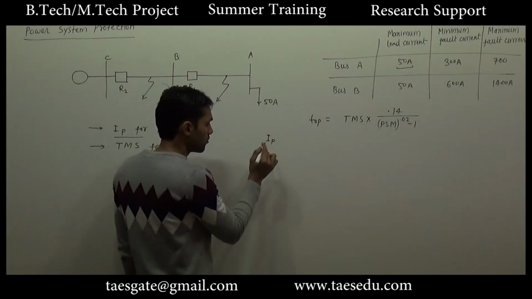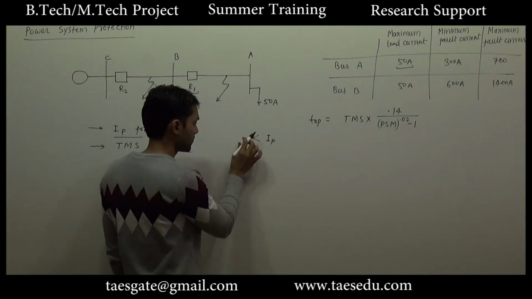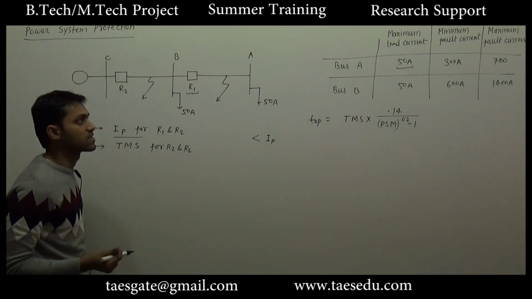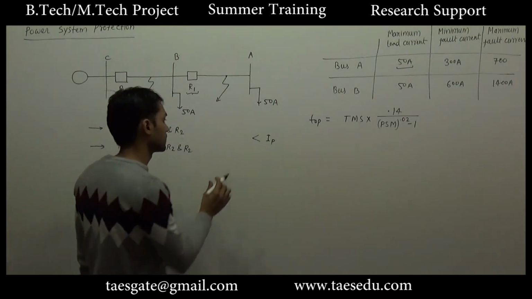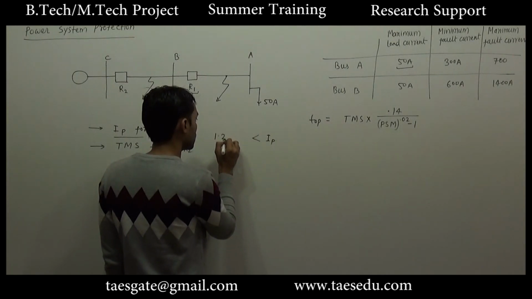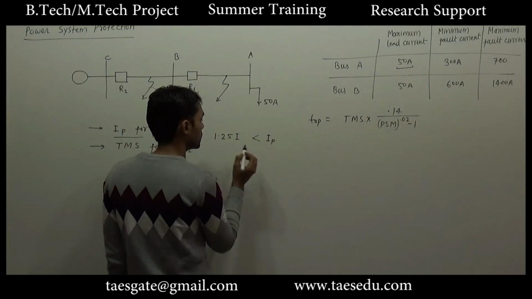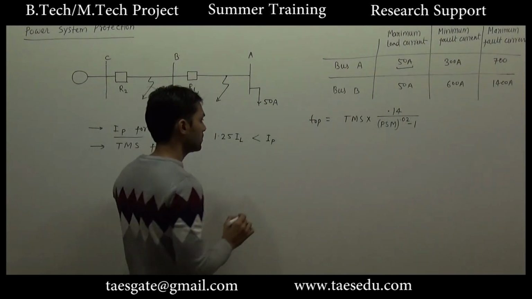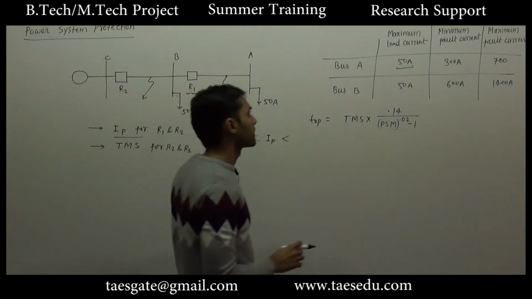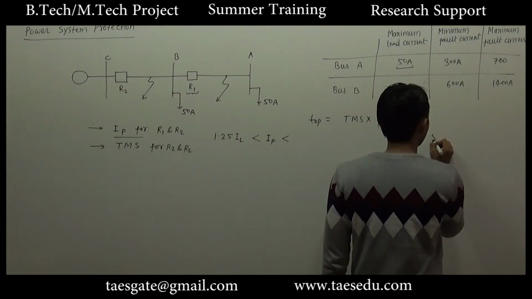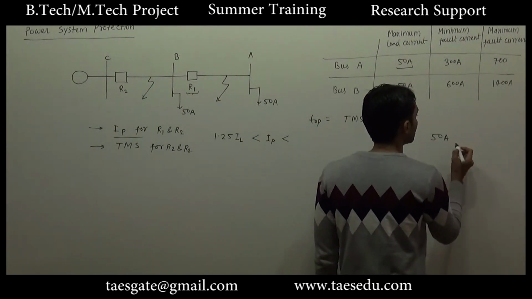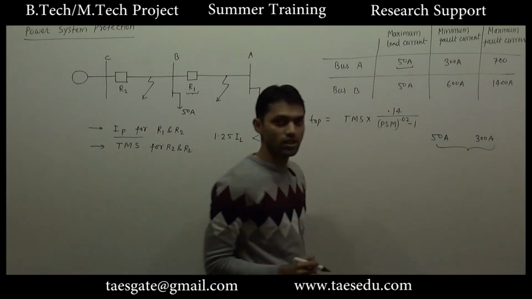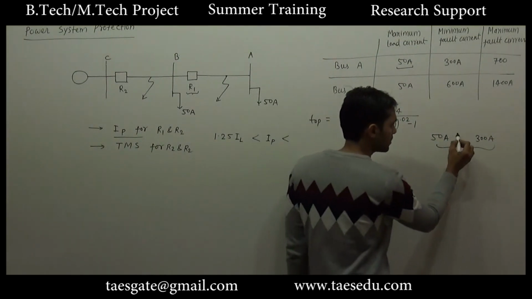Normally the pickup current is 125% of, or should be at least 25% greater than, the maximum load current. This must be at least 1.25 of the load current. Let us represent load current by IL. Actually, there is a huge gap between the normal maximum load current and the minimum fault current, so we can set any value in between.